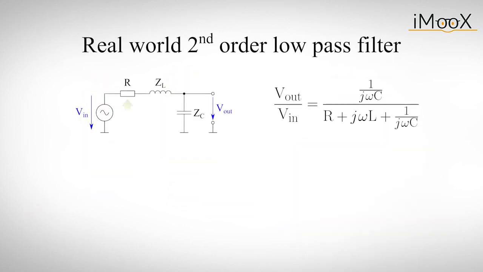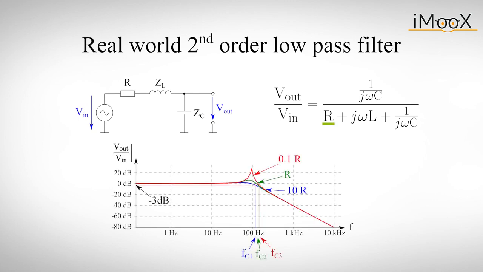With an additional resistor, our circuit becomes a little more realistic and our calculated behavior a little more complex. At least now it's clear that the amplification at the resonance frequency is always limited by our resistor. If we vary the value of R, we also see that we can influence the behavior of our filter.